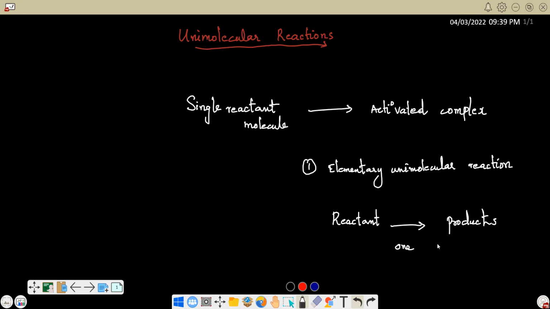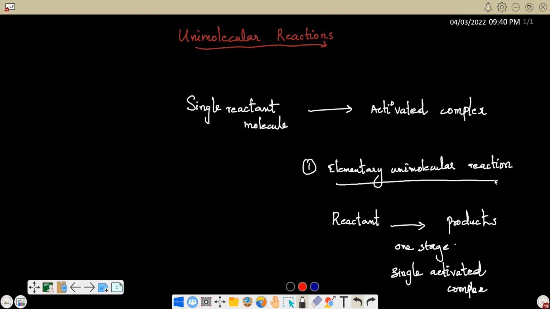That means in one step itself, we get the product from the reactant through a single activated complex, something in between. Because of that, we get the product. So this is what is meant by an elementary unimolecular reaction.